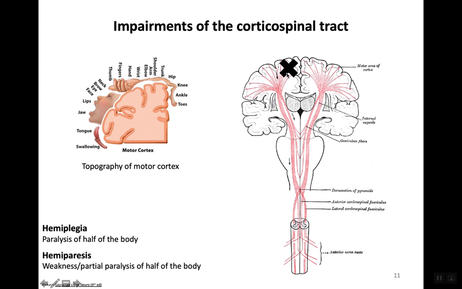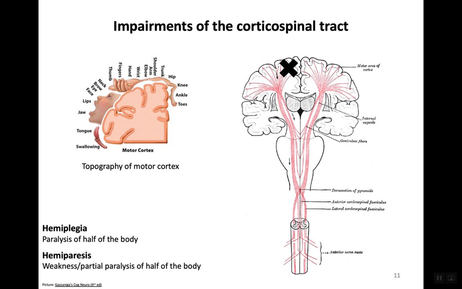And if that happens, then in virtue of the topography of motor cortex with which we are already familiar, and its mapping onto different parts of the body, then we might expect that our ability to control the toes, the ankle, the knee, the hip, the trunk, and so pretty much the lower part of the body would be impaired.